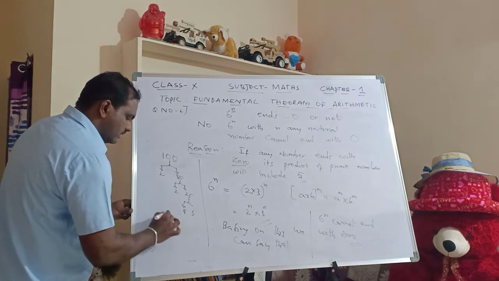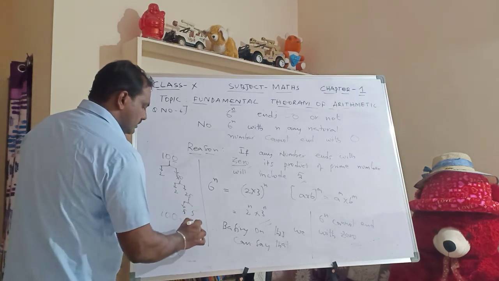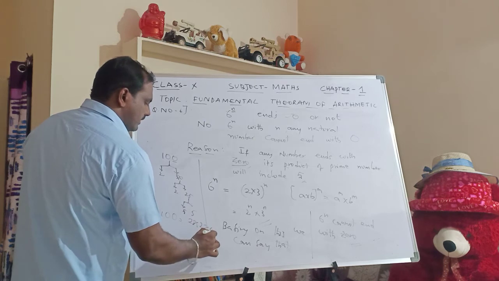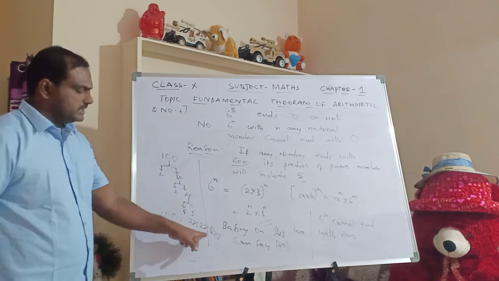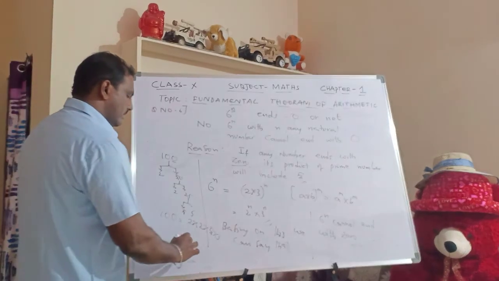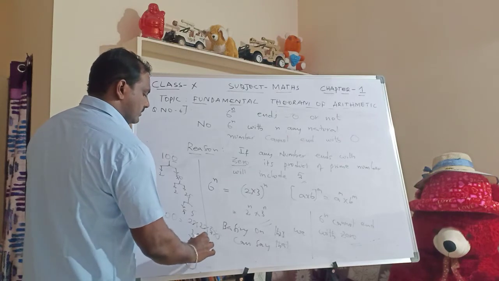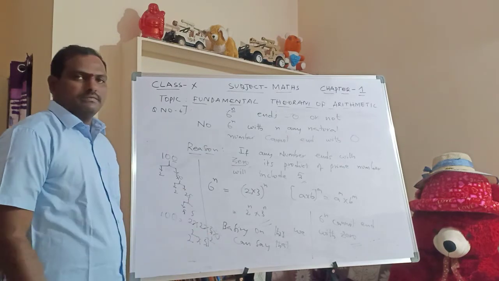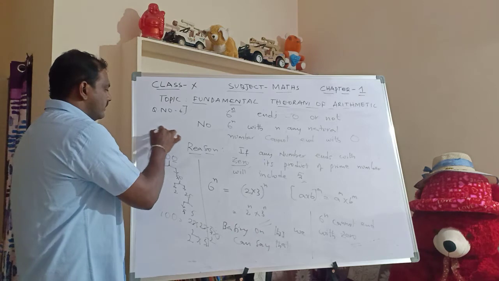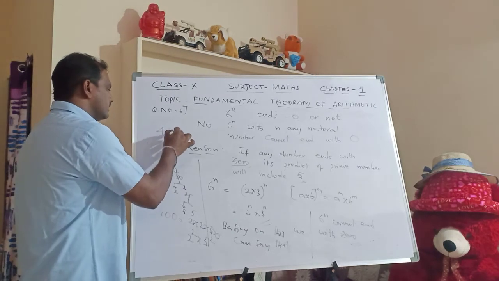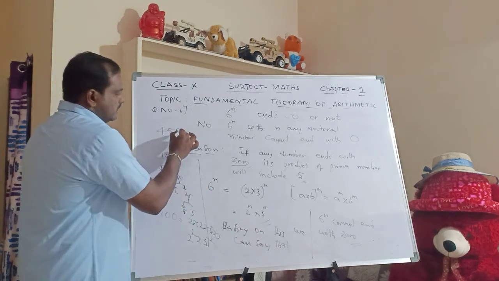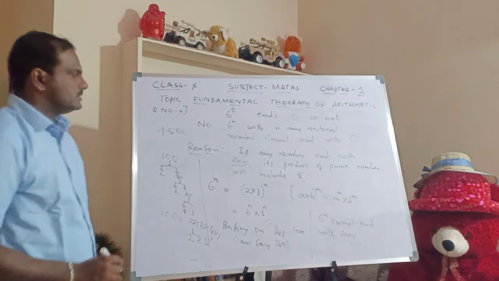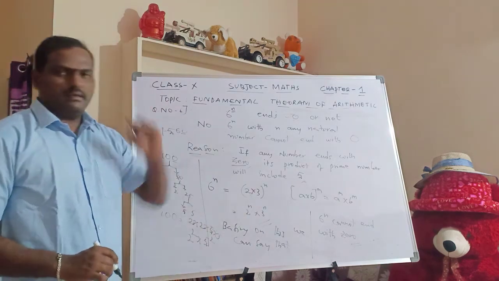So 100 can be written as 2 into 2 into 5 into 5. Look at this, 5 is there or not. That means 2 power 2, 5 power 2. You can take any number that ends with 0. You can take 4560. Check it. If we write it in terms of product of primes, no doubt it will have 5.